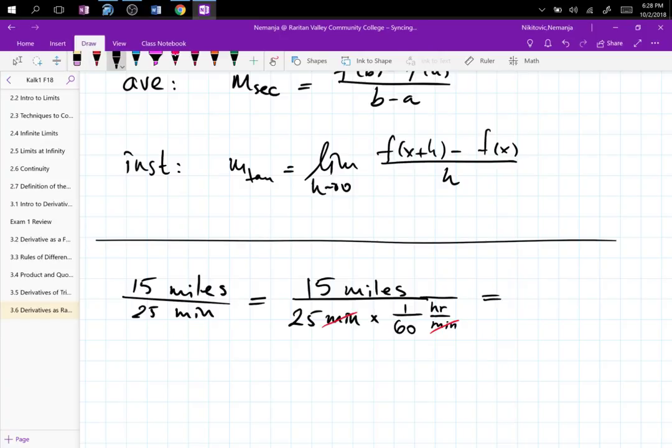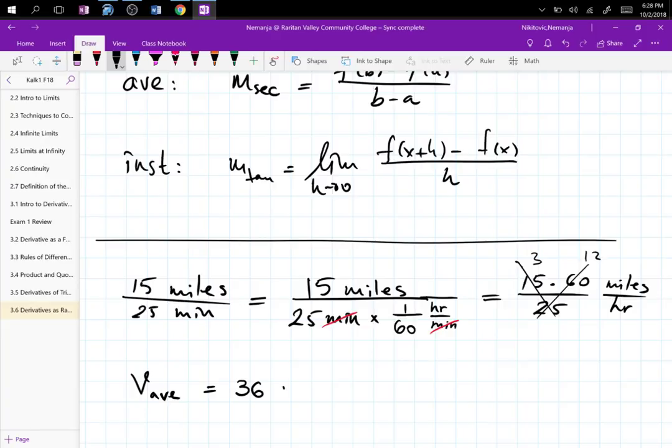So this calculation is actually 15 times 60 divided by 25, and then it's miles per hour. And your average velocity would be, this will cancel a 5 and leave a 3, and this will cancel a 5 and leave a 12, 36 miles per hour. So that will be your average velocity to get here.